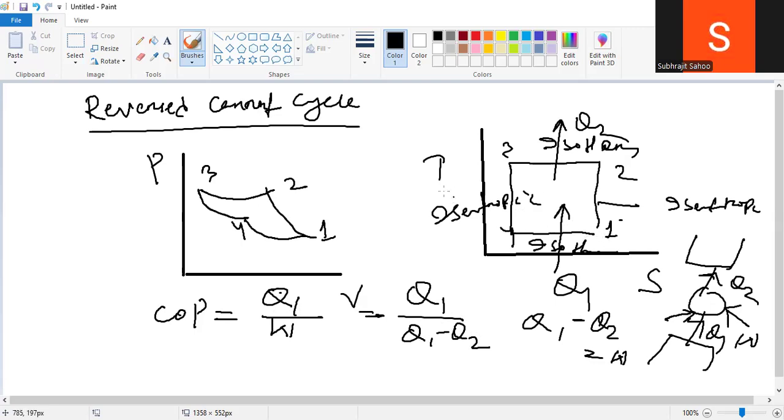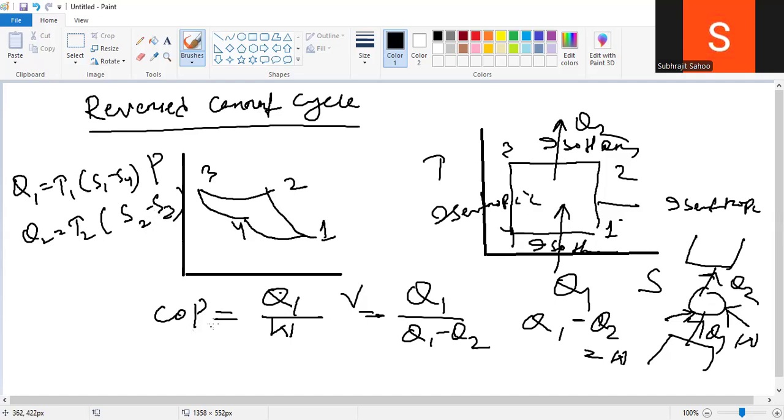Q1 is nothing but T1 into S1 minus S4, and Q2 is nothing but T2 into S2 minus S3. Okay, S2 minus S3 or S3 minus S2, based on the sign you have to check.